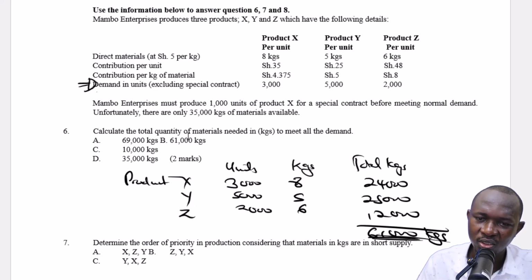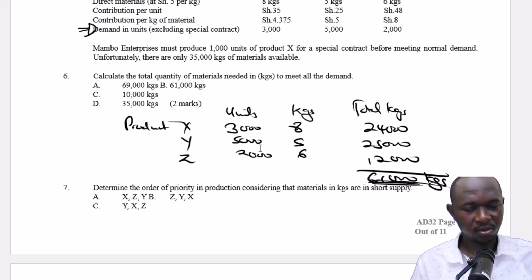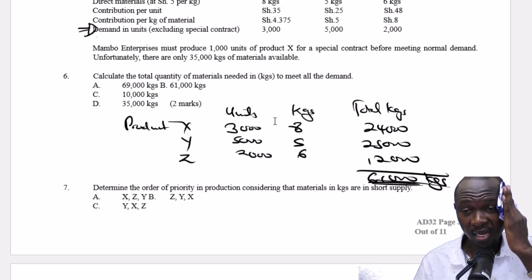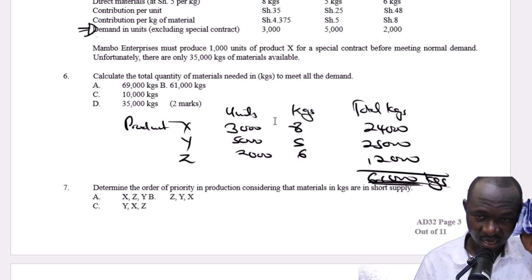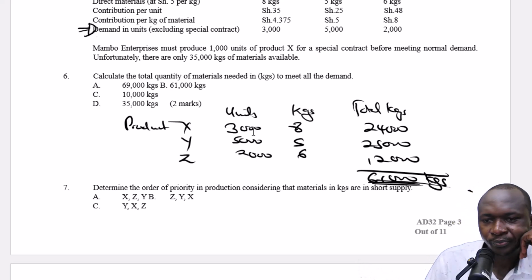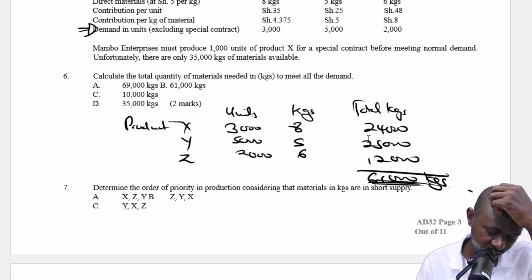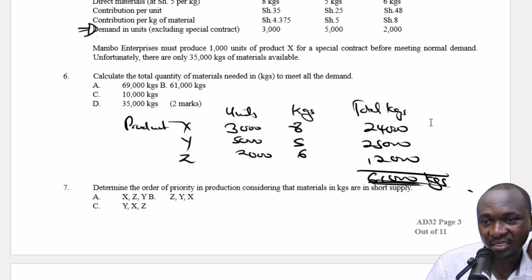That is the total quantity of materials that we'll need, because we've been given how many kgs are required to make 1 unit. If we have 3,000 units and 8 kgs are required per unit, then we will need 24,000 of product X, and that applies also to product Y and product Z respectively. So we add, we get 61,000.